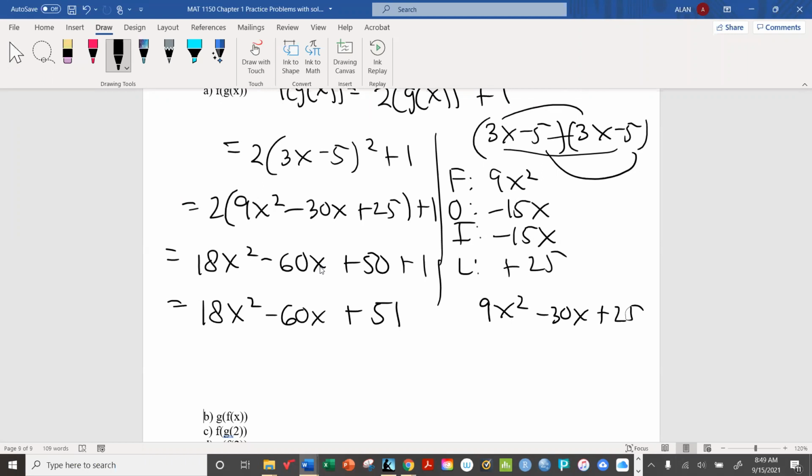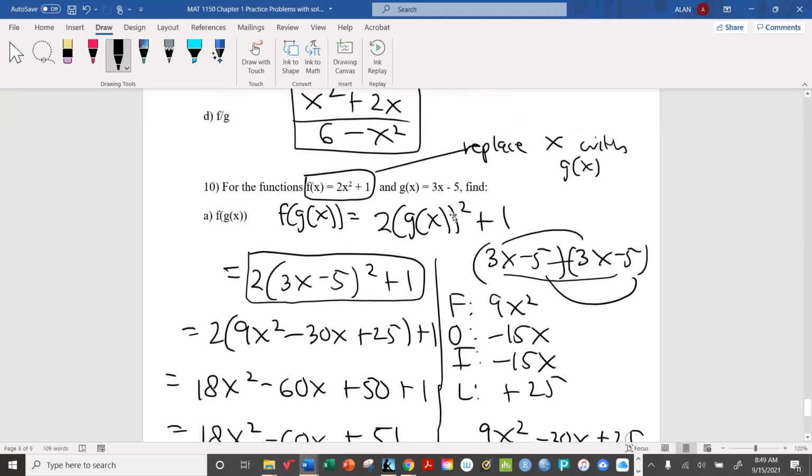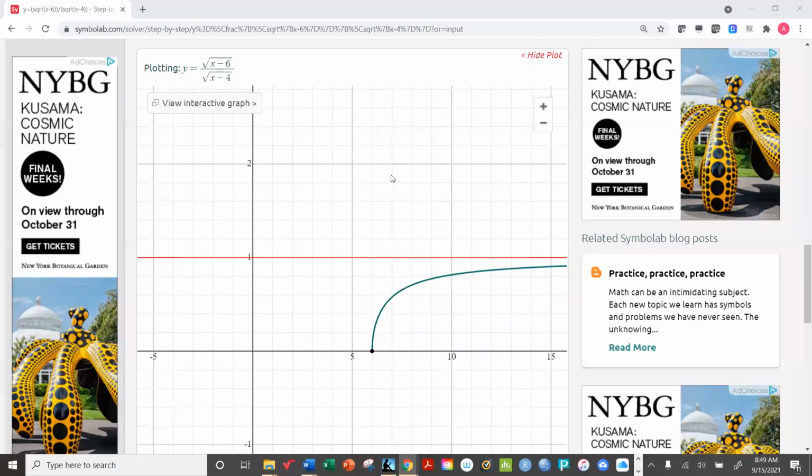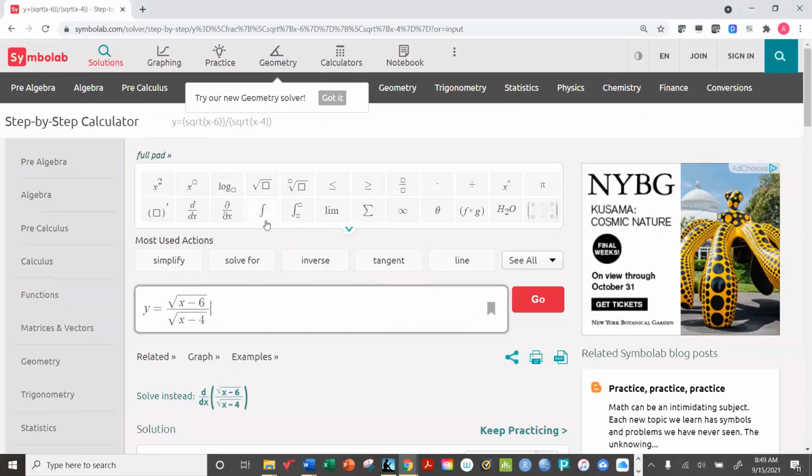So I would say that this would probably have been fine. But if you do simplify it, this is what you'll end up with. Now, I don't know if Symbolab can do this or not. It might be worth looking into it. Oh, here it is. Now look at this. Our friend Symbolab.